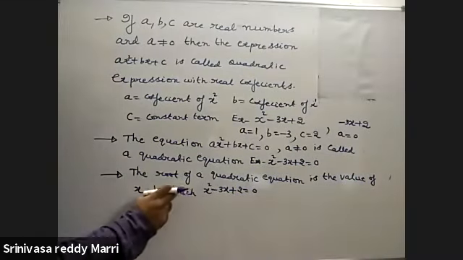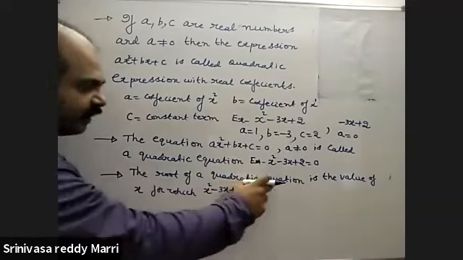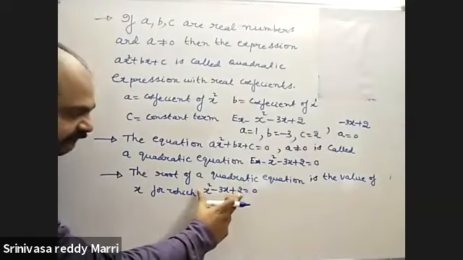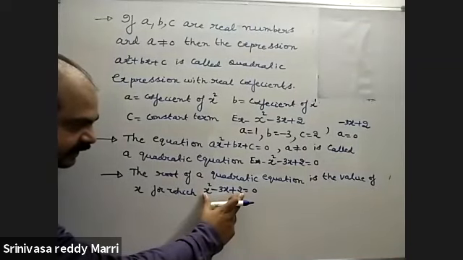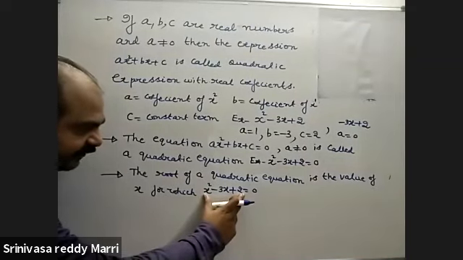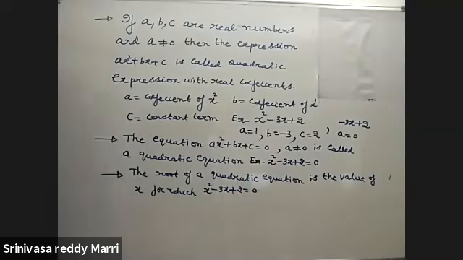That means the left hand side expression is there. In this, if you substitute a value of x, this expression must be 0. Those types of values of x are called roots of the quadratic equation.